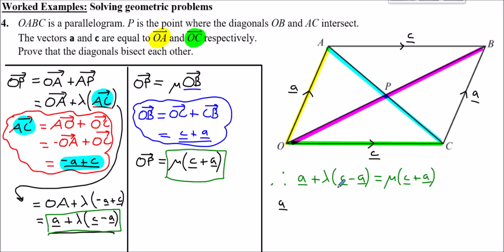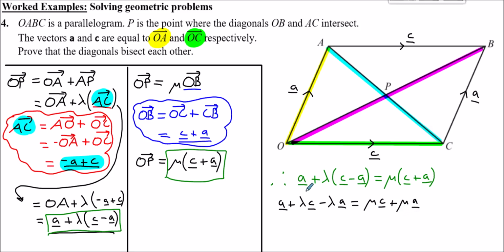So A, lambda times C is lambda C, lambda times minus A is minus lambda A, equals mu C plus mu A.